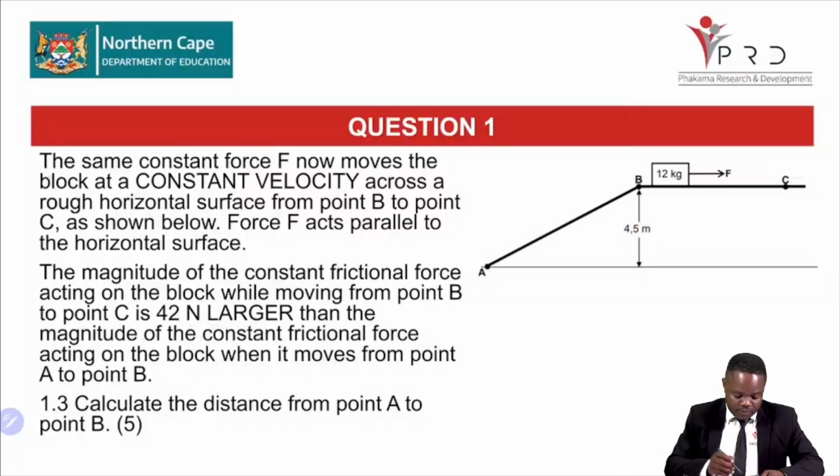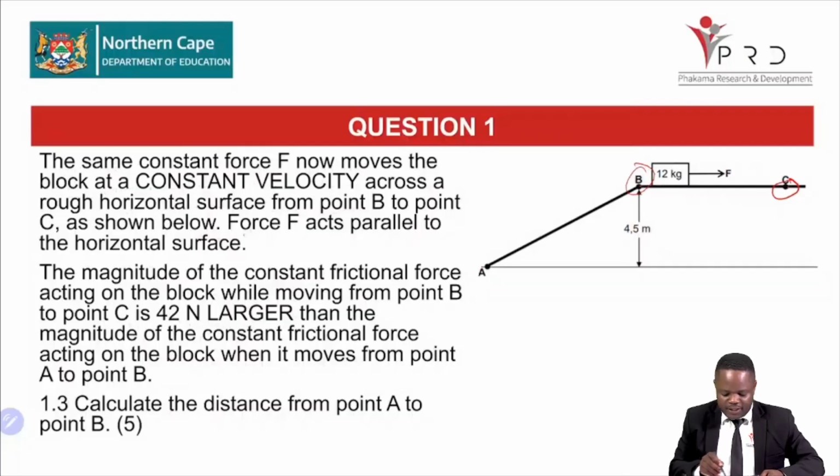The same constant force F now moves the block at a constant velocity across a horizontal surface from B to C. So the force is continuing now. Now, however, it is moving at a horizontal place from B to C. I hope you can see that.